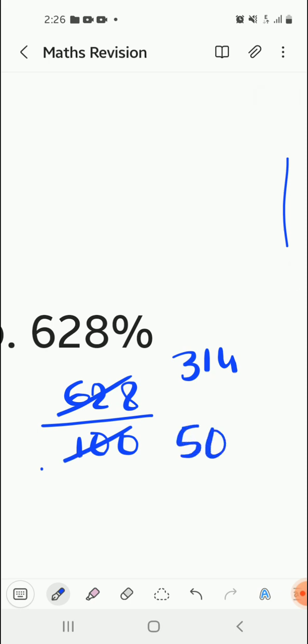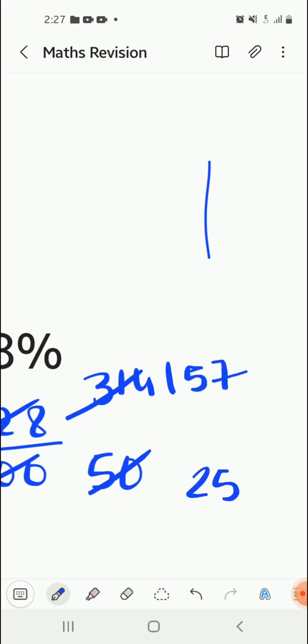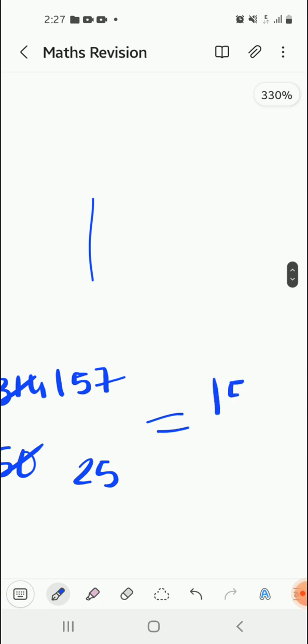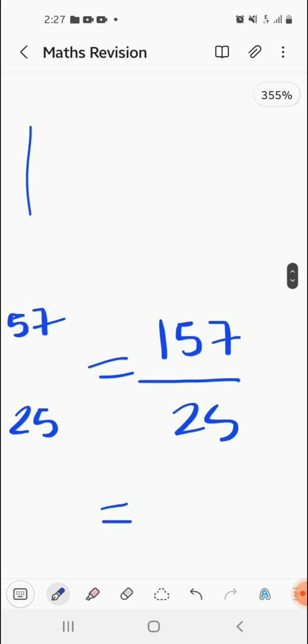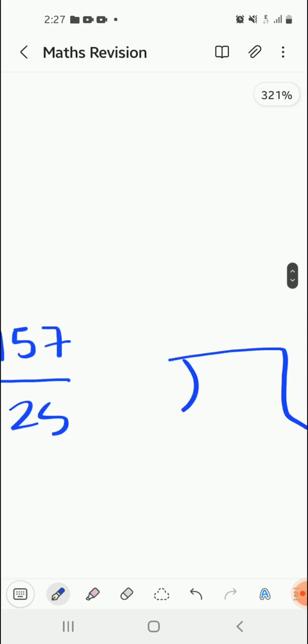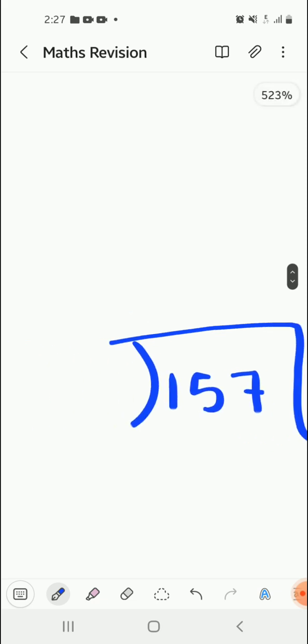Again 314 divided by 2, we've got 157, and 50 divided by 2, we have got 25. So my answer is 157 by 25. Also, if you want, you can write it in this manner: 157 by 25.